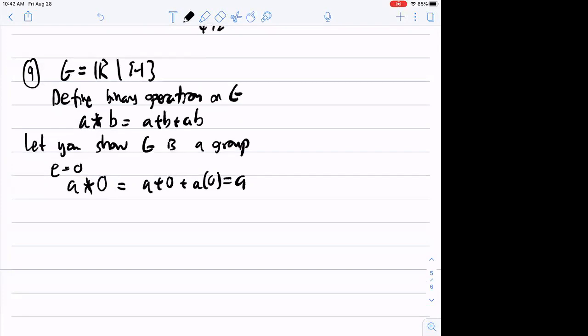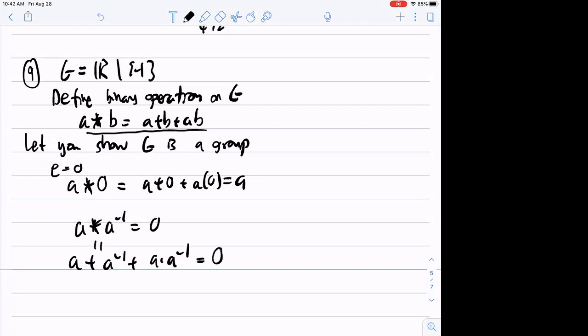And then to figure out the inverse, well, I need this to be 0, right? Once I know the identity, I can figure out what the inverse is. On one hand, this is A plus A inverse plus A times A inverse, by this property, and this must be 0.